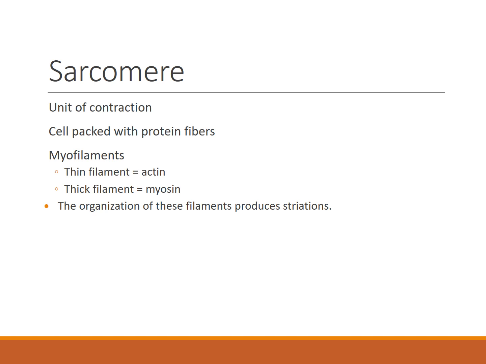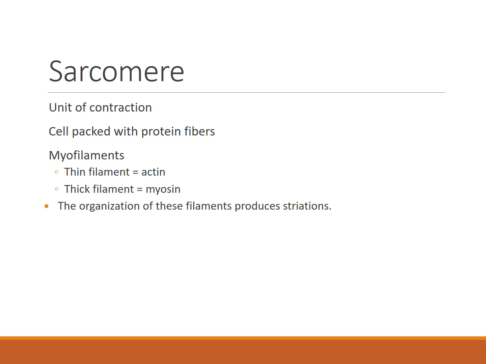The individual unit of contraction is called a sarcomere. So you can see this word root of sarco is used very often in discussing skeletal muscle fibers. The cells are packed with protein fibers, and it's the overlapping of the protein fibers that enables contraction to occur. There are two types of myofilaments.